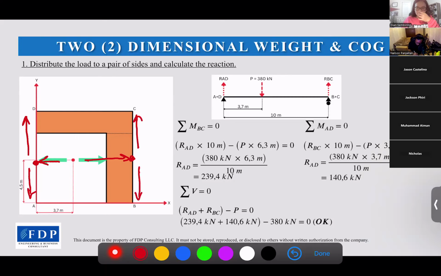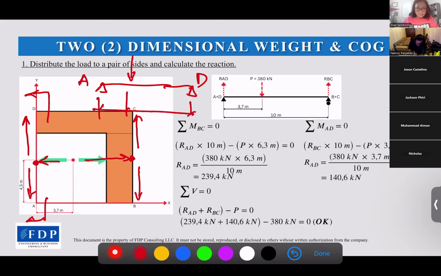Right? So if we look at this direction, then it will be A at the left and D at the right. And the load will be sitting on here, which is 4.5 from A, and the rest is to D. And this load will be RAD.